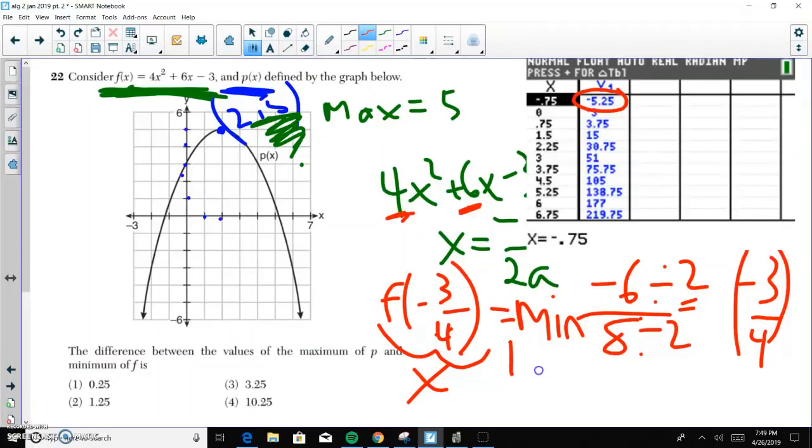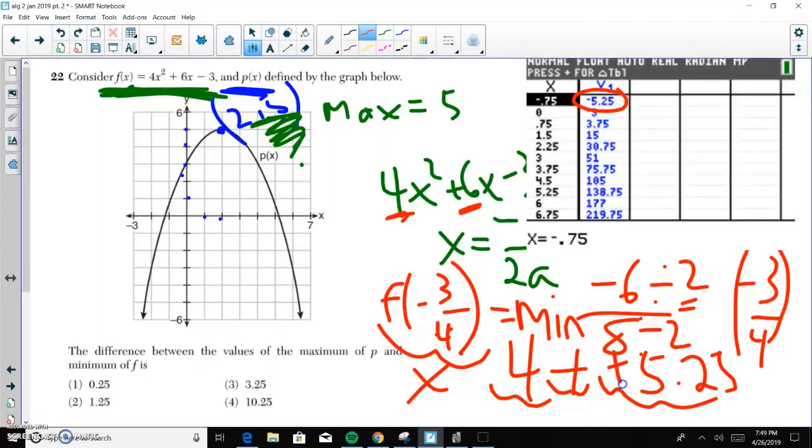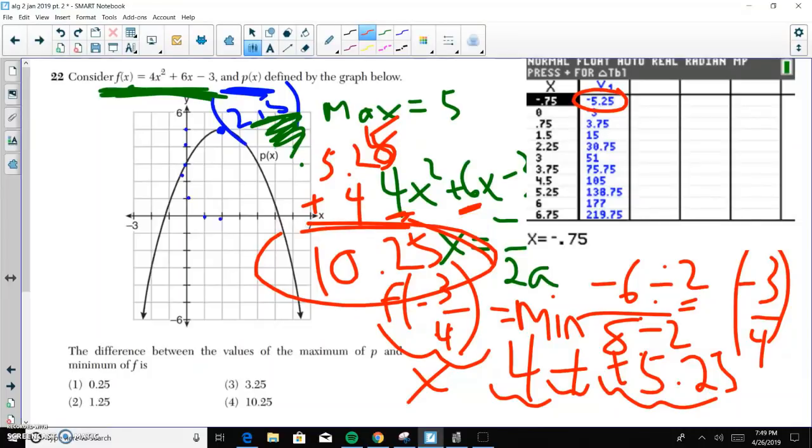So you're going to do 4 minus negative 5.25. Same change. So 5.25 plus 4 equals 9.25. So your answer is choice 4.